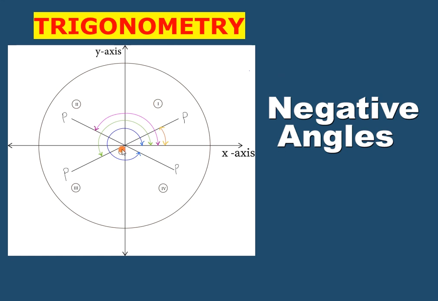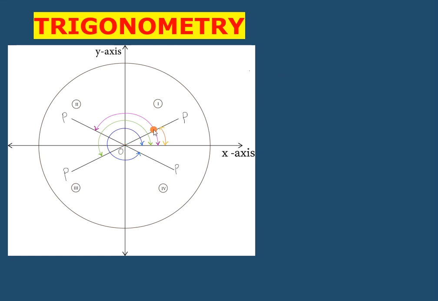This point is O, and we have OP in the first quadrant. There is another OP in the second quadrant, and another OP in the third quadrant, and even in the fourth quadrant. I want us to consider this 30 degrees, this one also 30 degrees.